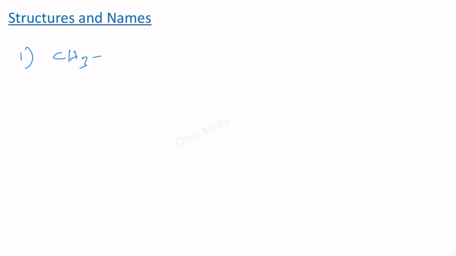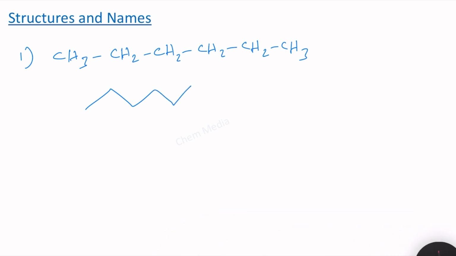The structural formula is CH3, CH2, CH2, CH2, CH2, CH3. And the corresponding structure in bond line notation would look like this: 1, 2, 3, 4, 5, 6. Let us just number it. This is called n-hexane or simply hexane.